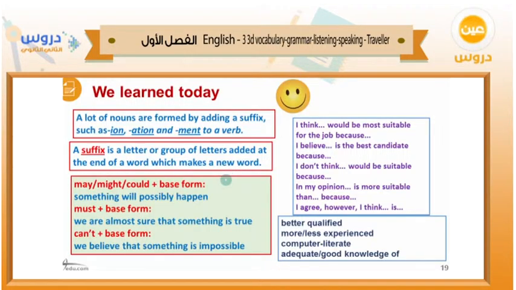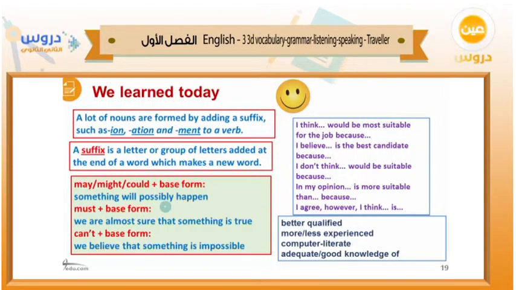Also, we talked about modal verbs of possibility. We use may, might, could, and a present verb when something may happen or possibly happen. I may go, she might see, he could come, whatever. And we use must with the base form when you are 99% sure of something that is a fact or is true.